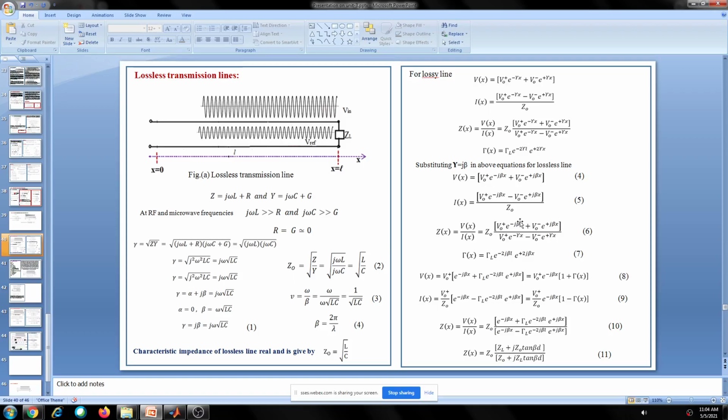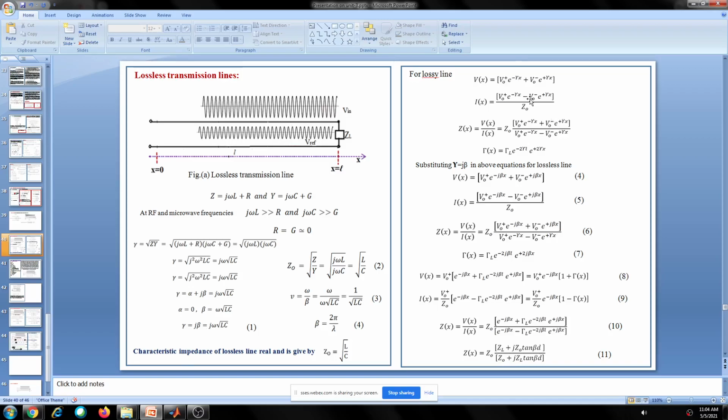And these are the equations for voltage, current and impedance over the transmission line for a lossless line. In the general expression, these are the expressions for a lossy line, which we derived in the earlier classes. To get the equations for voltage, current and impedance, you just have to change the value of gamma, because gamma is equal to j beta.